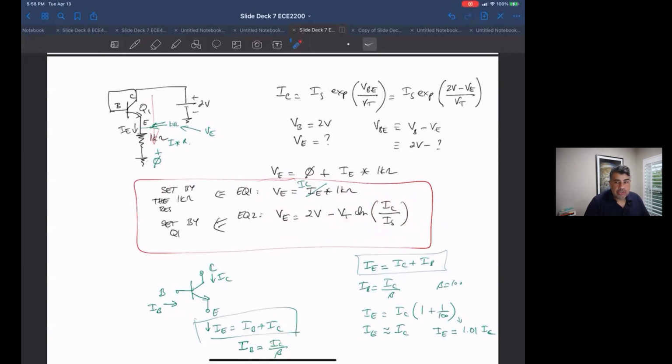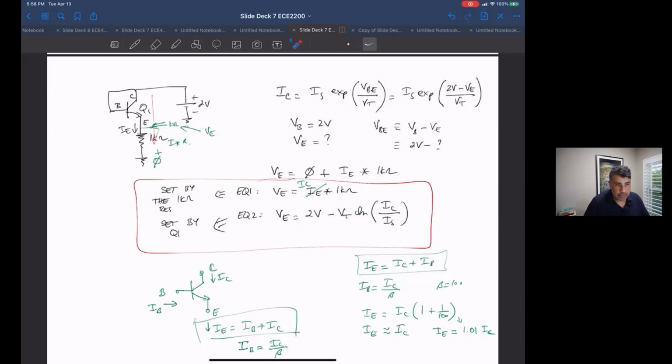You're just not going to get a closed form solution for this, although you do have 2 equations and 2 unknowns. So you have a couple of options on how to solve this thing.